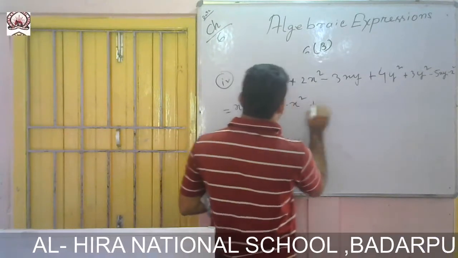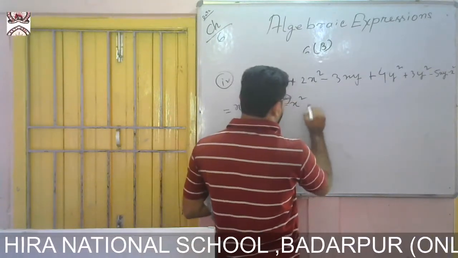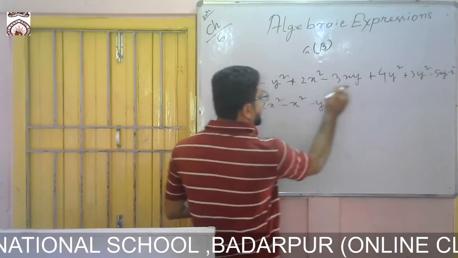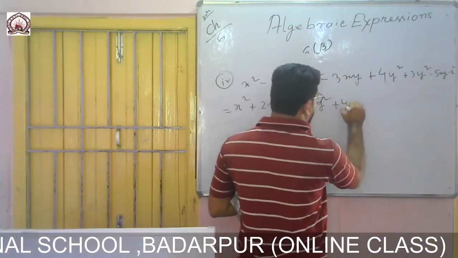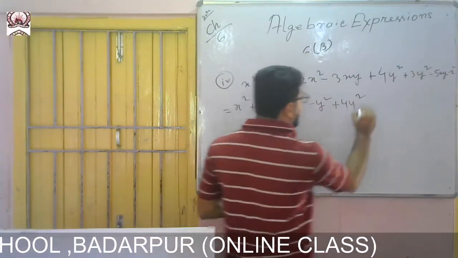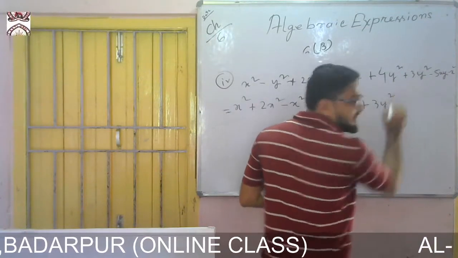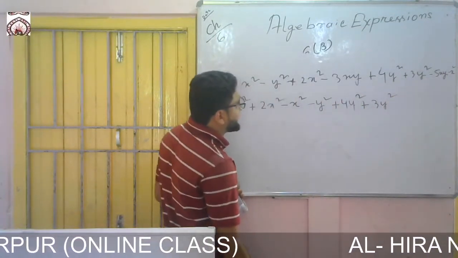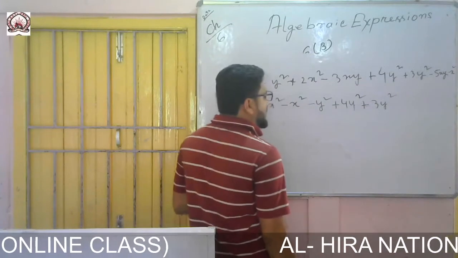Then you check with y square. Minus y square you write first, then is there any more y square? Yes, this one, 4y square, then plus 3y square. Is there any more y square?